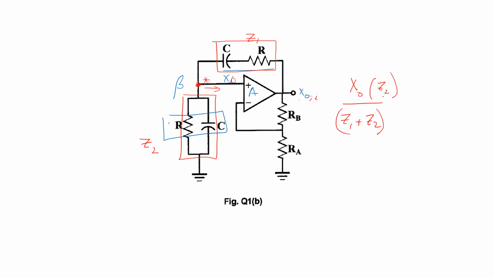And you look at here, Z1, of course, is R plus 1 over SC. And Z2 is R in parallel with 1 over SC. Okay. And once that works, then the rest of the oscillator should behave itself properly.